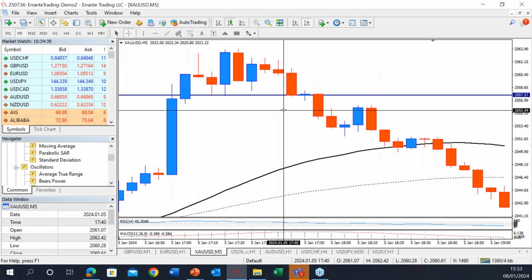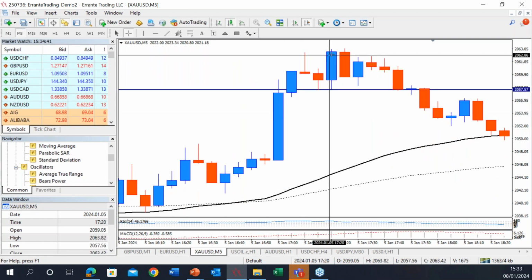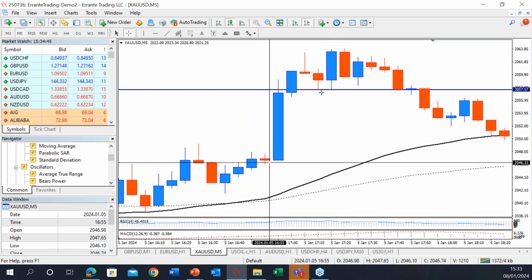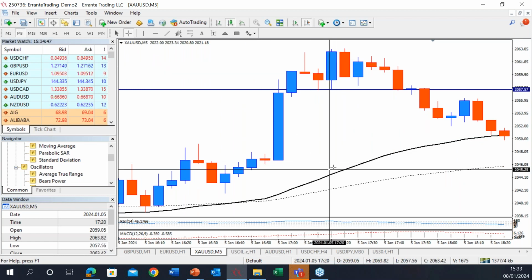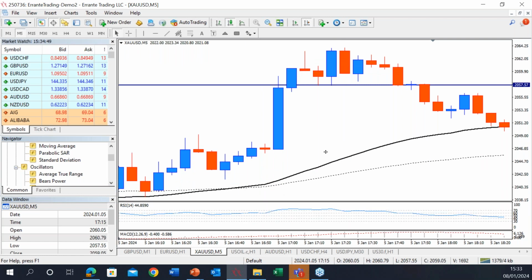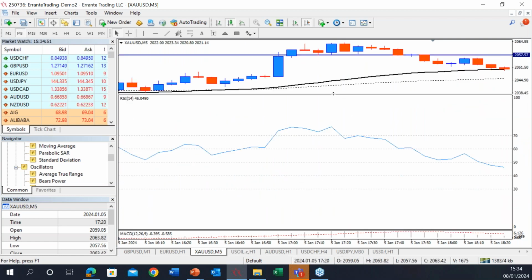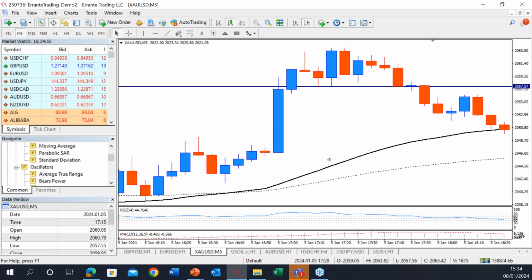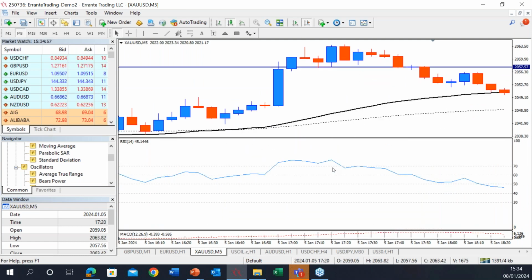But this is the context that we can understand. We are at the top of our prior upward movement in an uptrend. We are above the moving averages, and we are in overbought territory. So this is the way. And we also get this confirmation from the RSI as we discussed. And we'll also look at the price action.